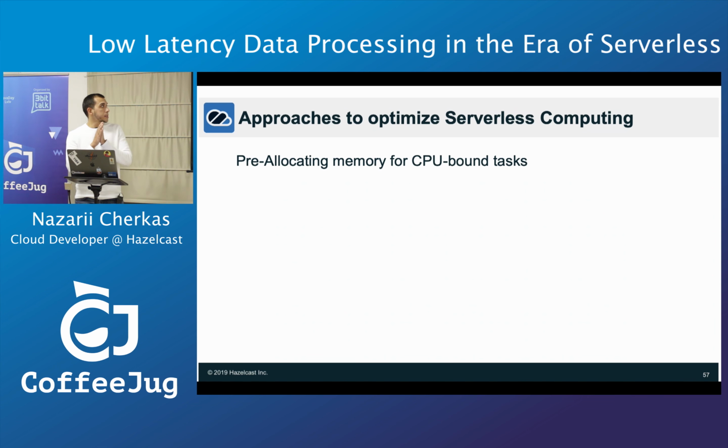Another example is CPU-bound tasks. We are talking here about encryption and image encoding. Those tasks depend on CPU resources. You need to know that a Lambda function's CPU resources are proportional to the memory resources that you allocate.